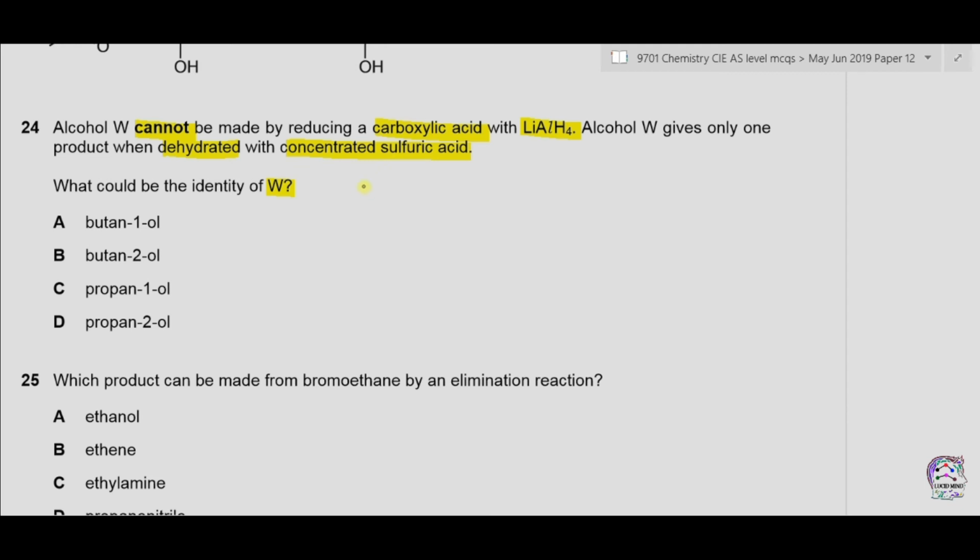Now we know that a carboxylic acid, when reduced, converts into an aldehyde, which further reduces to a primary alcohol. As the question says, alcohol W cannot be made by reducing a carboxylic acid with lithium aluminum hydride, it means it is not a primary alcohol.